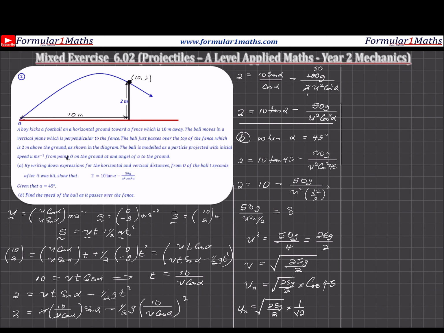If I evaluate that, I'm going to get 5 root g over 2. So at this point, I'm going to indicate it on the graph. That is the horizontal component of the speed, and it will be indicated on the graph like that.